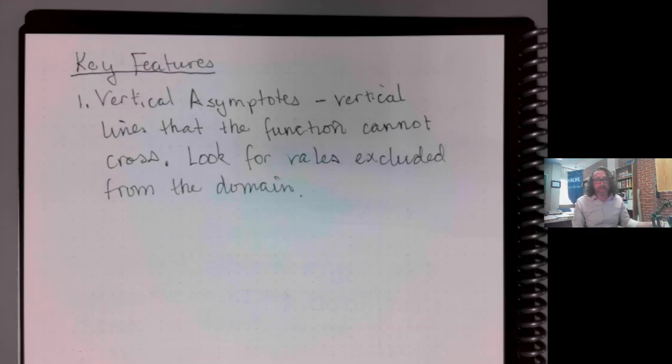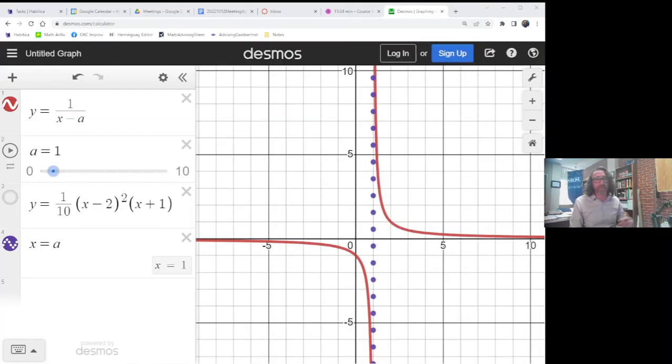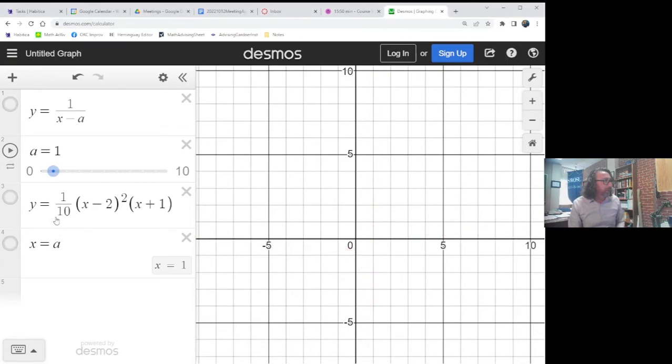I want to flip back to the picture again. So we've got this function 1 over x minus 1. So we have this vertical asymptote right here, but we also have this kind of strange behavior over there. If we think back to our polynomial, notice as x gets large, y gets large.